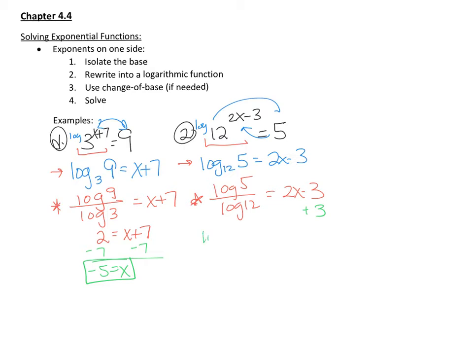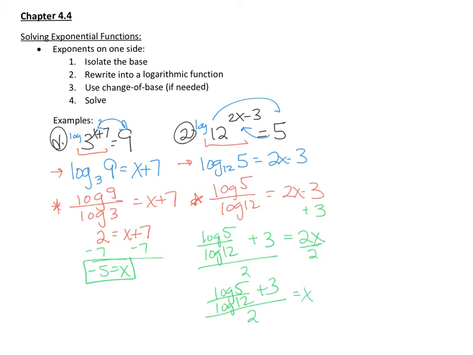So I would have log 5 divided by log 12 plus 3 equals 2x. And then if I kept solving, I would divide by 2. So I would have this long answer, but it is in terms of log. That is what my math lab may want as your answer.